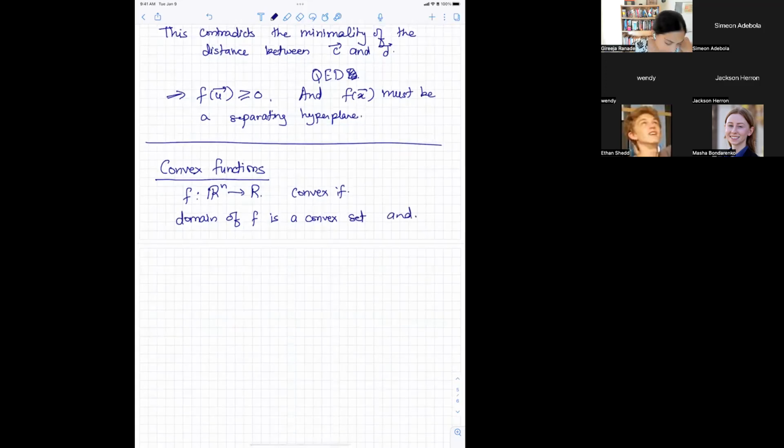and you have the following property. The function evaluated at any convex combination of points is always upper bounded by the weighted sum of the function values at the points themselves.